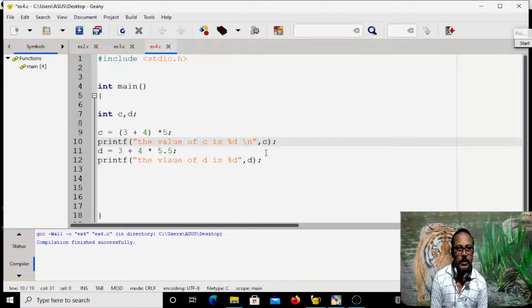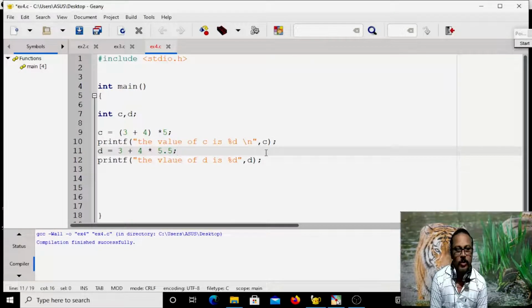It is 22. So 22 plus 3, that is 25. No problem.